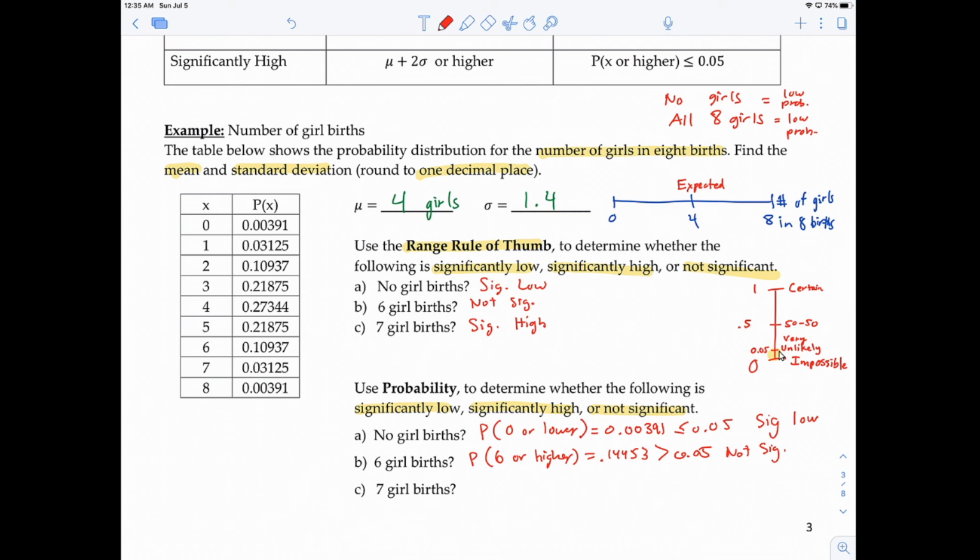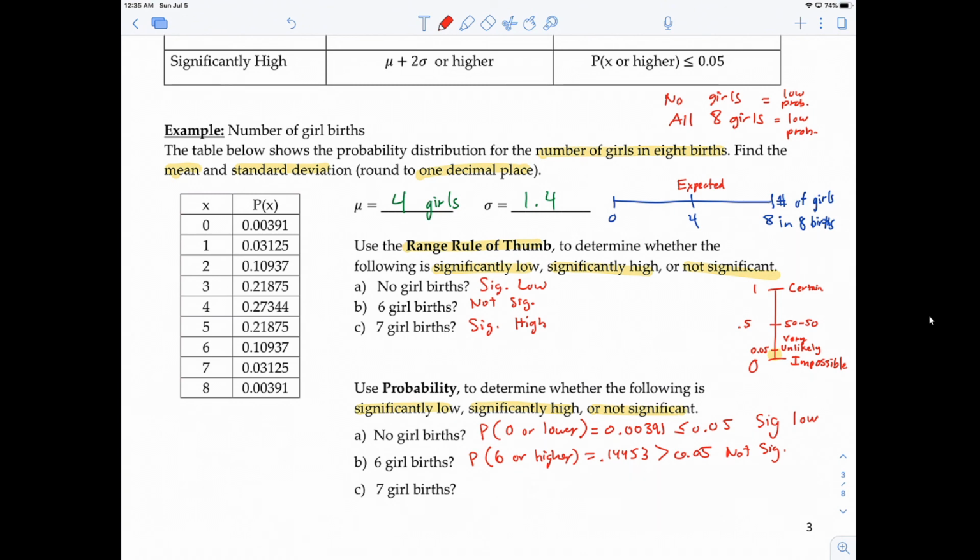Only events that are very unlikely to occur are we going to say are significant. And whether it's significantly low or significantly high depends on where it falls, right? If it's less than the expected value, then we say significantly low if its probability is low. And if it's higher than the expected value, then we say significantly high if its probability is small.